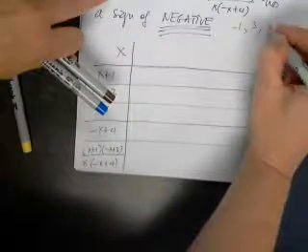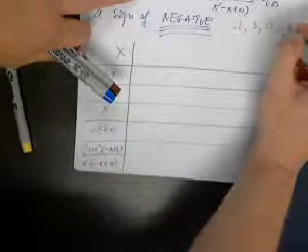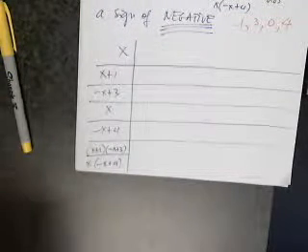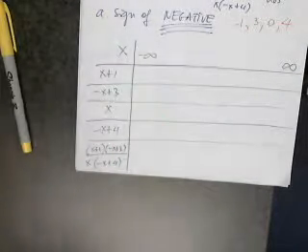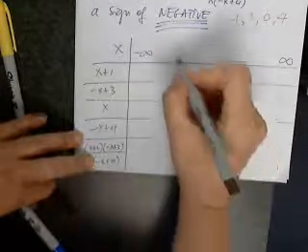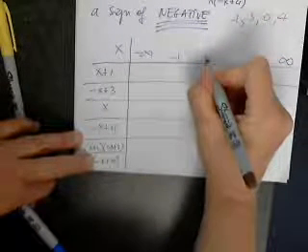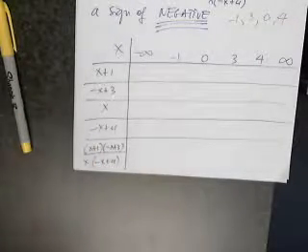When x is 0. And where is negative x plus 4 0? 4. Okay, so they have to be in ascending order. So from negative infinity to infinity, I will put these 4 numbers in ascending order. Which one will be first? And the next? Perfect. And then 3 and 4.